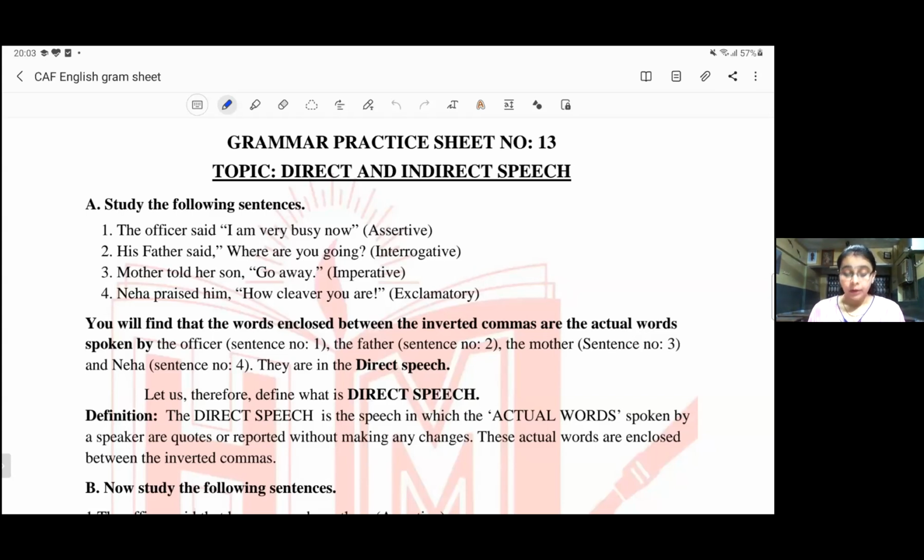Now see, we have learned the types of sentences: simple, compound, complex, and assertive, interrogative, imperative, and exclamatory, and question tag. All these things we have learned. Now, these things have to be applied here also.